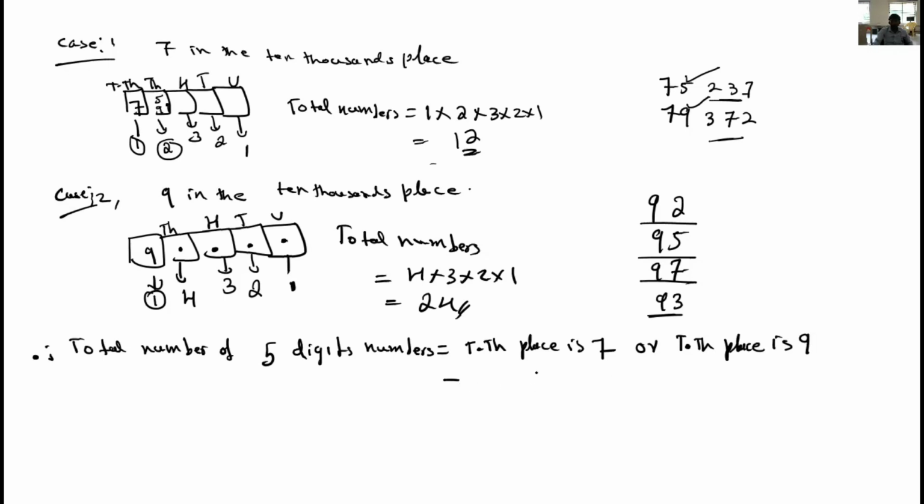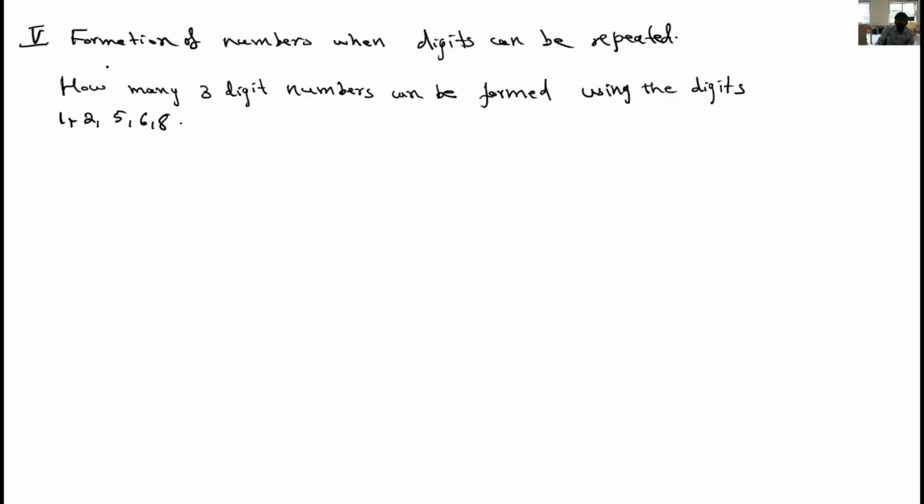If you fix 7 in the 10,000s place, how many numbers are you getting? 12 numbers. Plus if you fix 9 in the 10,000s place, how many numbers are you getting? 24. Now combine this: 12 plus 24 is equal to 36 5-digit numbers are available which are greater than 75,000. See the next type, formation of numbers when digits can be repeated.